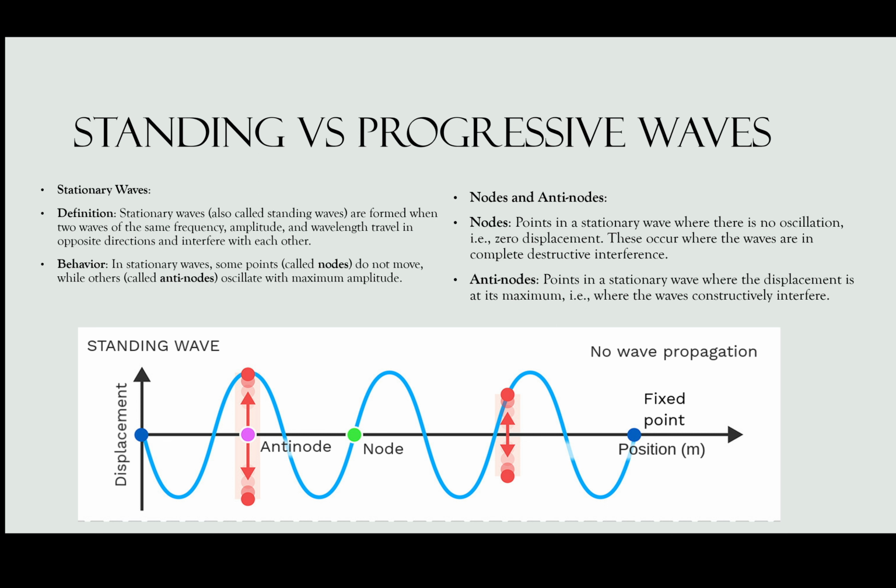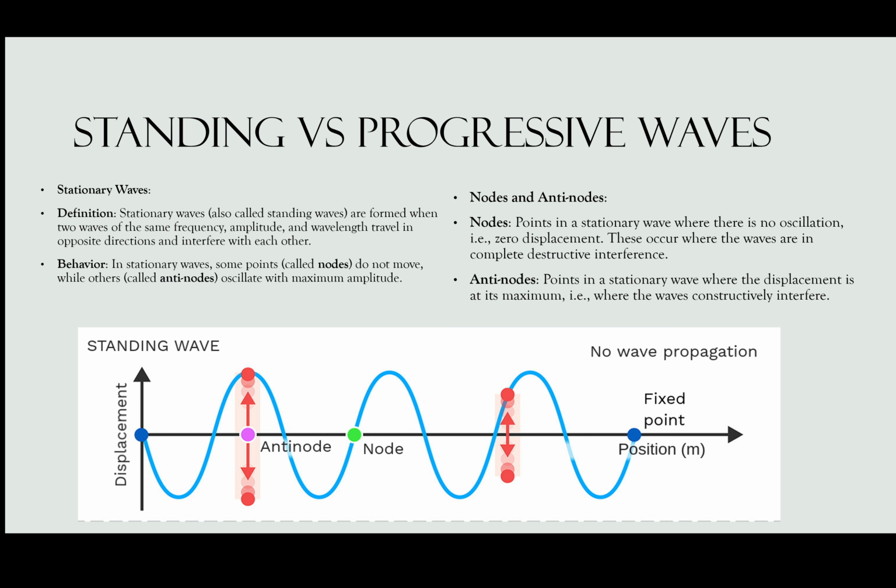These are stationary waves that are formed when two waves of the same frequency, amplitude or wavelength travel in opposite directions and start to interfere with each other. When two waves are traveling in opposite directions, the wave does not propagate, it does not move. So they stand in place, and that is what we call a standing wave. The wave stays in one place, moving up and down.